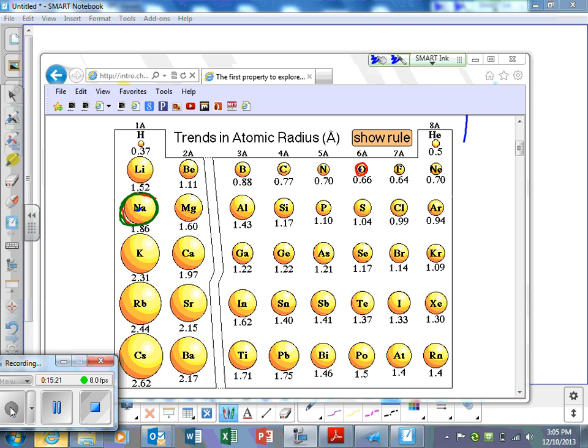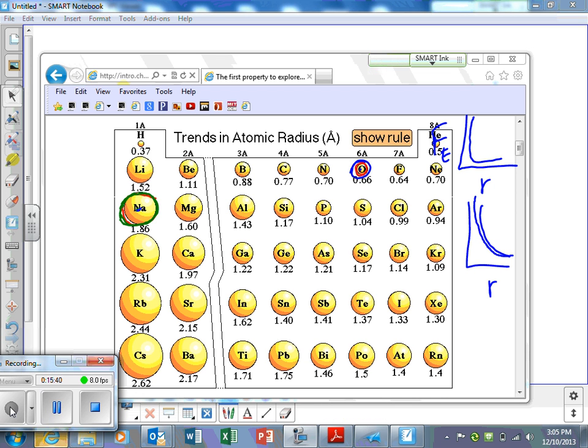So if you know the force of electricity has an inverse square relationship with the distance, then if you're looking at this small distance, you're going to have a really high force for this small little atom.